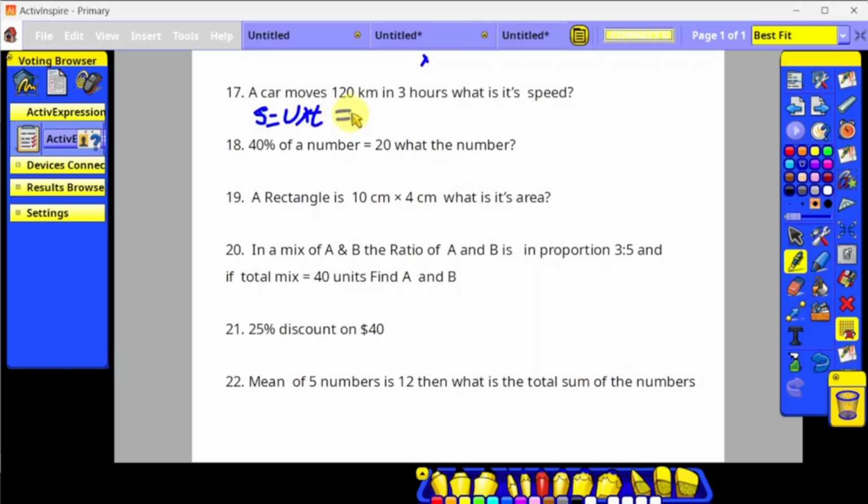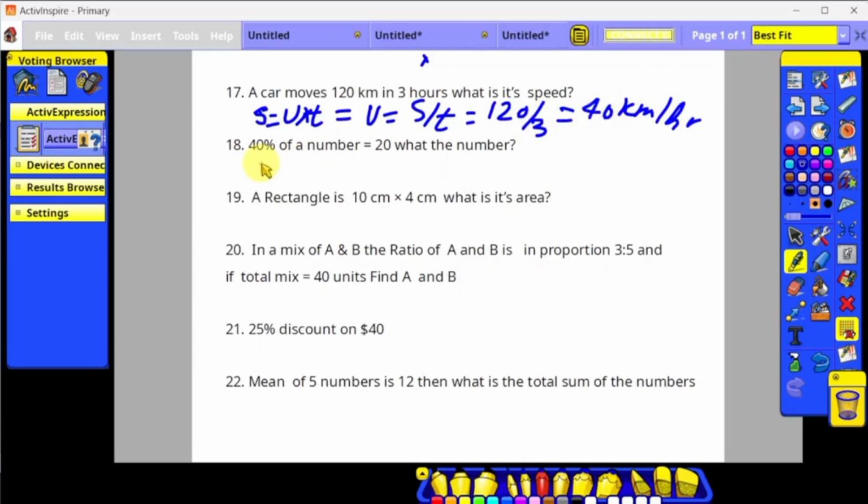We are asked to find v. v is equal to s over t. We are given s to be 120, divided by t, which is 3. 120 kilometers divided by 3 hours is equal to 40 kilometers per hour, because time is in hours and distance is in kilometers.